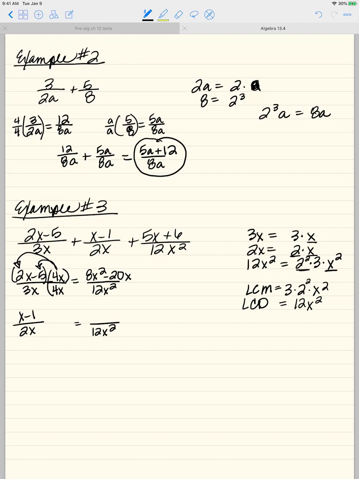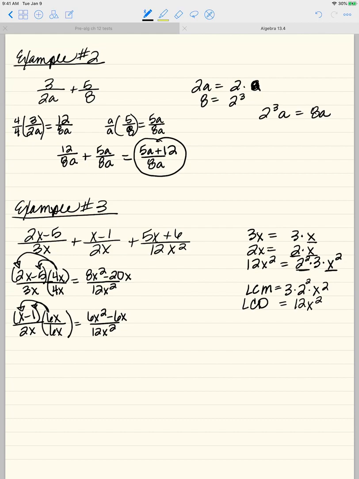How do I get from 2x to 12x squared? What's my multiple? It's going to be 6x, because 2 times 6 is 12, x times x is x squared. So 6x times x minus 1. 6x times x gives me 6x squared. 6x times negative 1 gives me minus 6x.